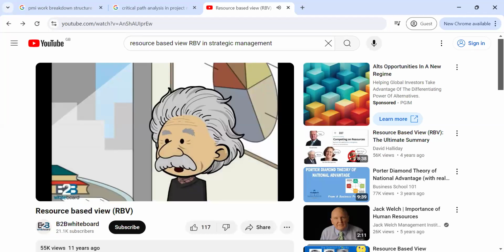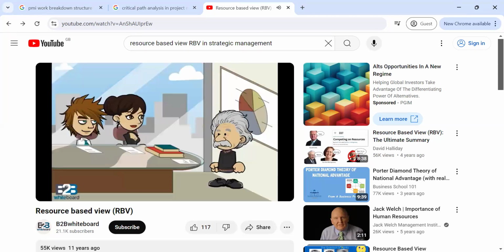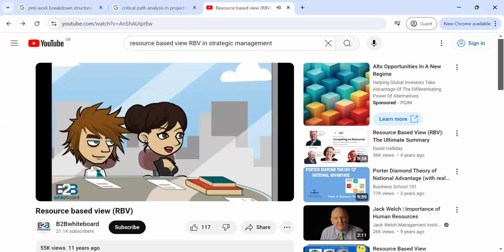These resources are diverse in nature and require a firm to network with other firms to develop a sustainable competitive advantage. For example, IBM has unique capabilities in developing complex solutions for its customers by working with other hardware and software solution providers. Thanks, Professor, for explaining the resource-based view of a firm.